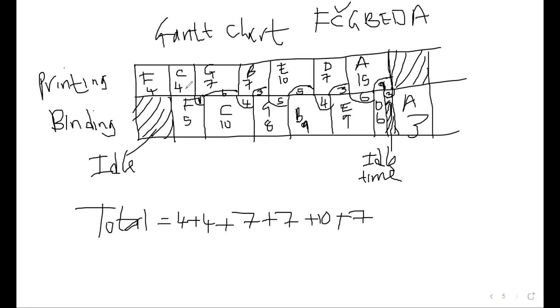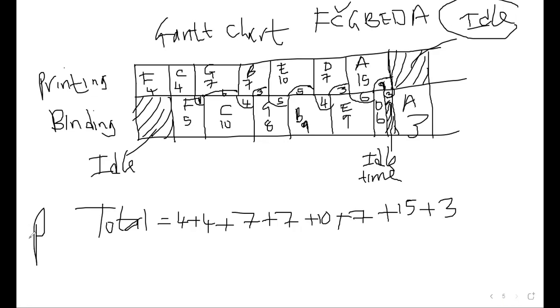So we are adding 4 plus 4 plus 7 plus 7 plus 10 plus 7, then plus 15, then plus the time that they are also idle, which is 3, because they are waiting for the people in binding for them to knock off. So the time taken, we can either use the total time for printing, or the total time for binding should actually give us the same value.